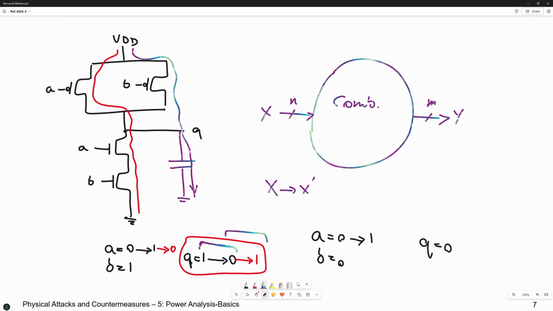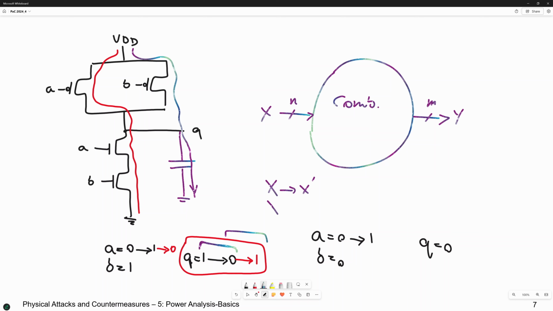For every X and X prime, there are different kinds and different numbers of glitches happening inside this combinational circuit. And each of them, as we learned, requires some energy, and they lead to power or energy consumption. And then if X changes to X prime, you have a certain amount of power consumption.